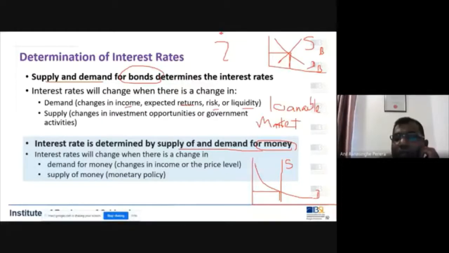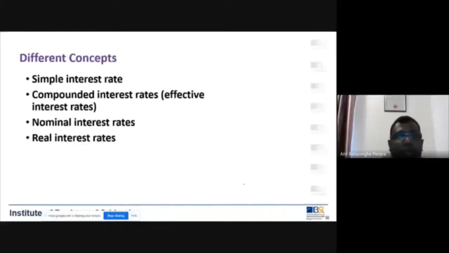So the equilibrium is determined, there is the interest rate. So from both analyses you would have seen supply and demand for funds or money or loanable funds will determine the interest rate. Okay. So that is very simply about the theoretical background.